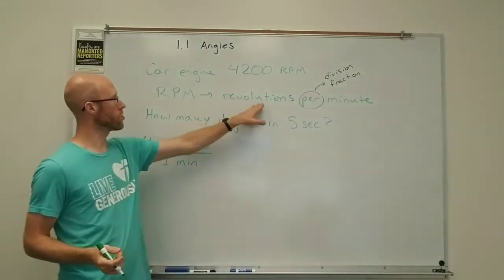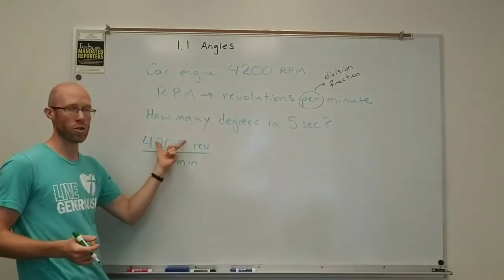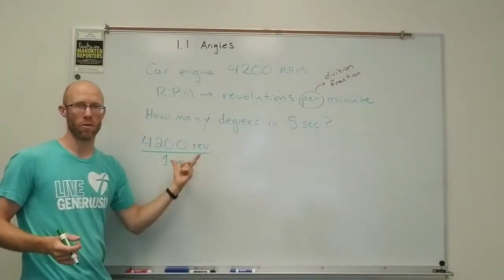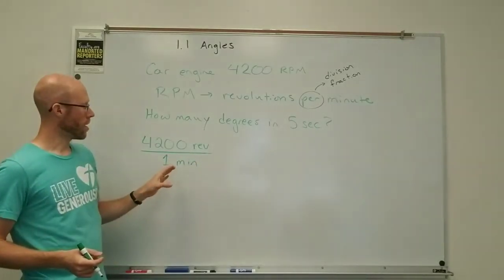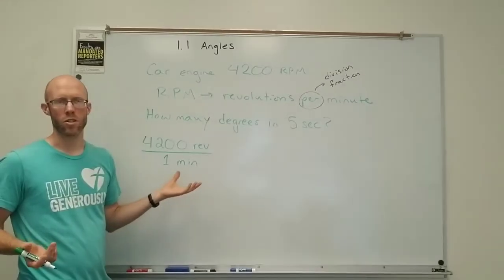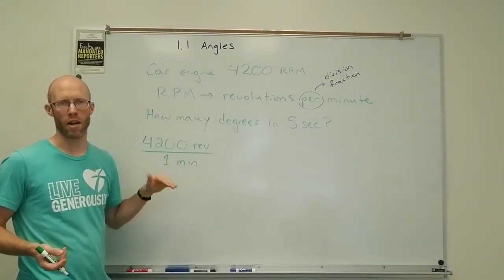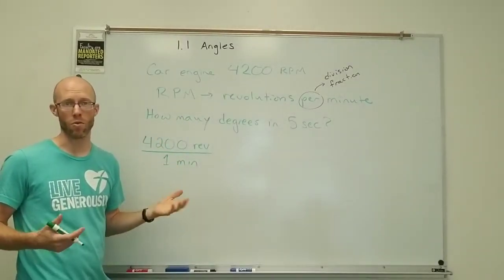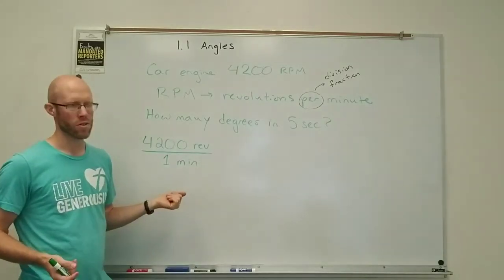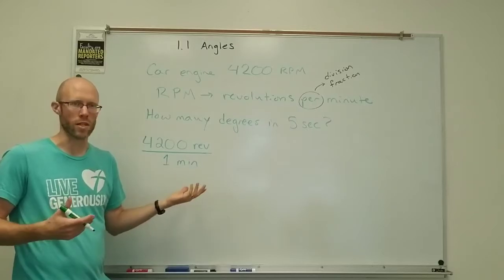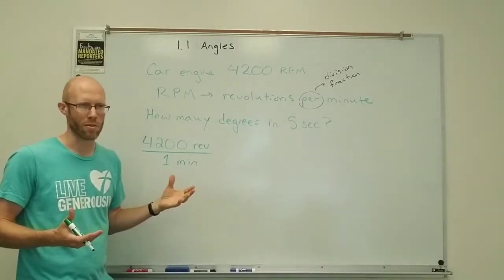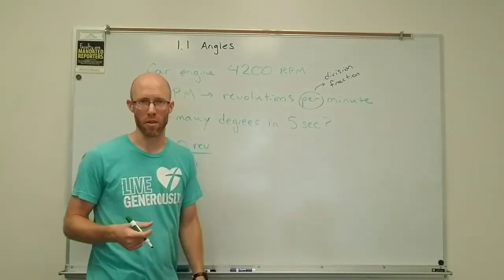So 4,200 revolutions per minute is 4,200 revolutions over 1 minute. Now, as with any fractions, if you have a factor on top and a factor on the bottom that are the same, you can cancel them. In some sense, you can also cancel units out. It's a little bit sloppy, but that's how we're going to think of it.